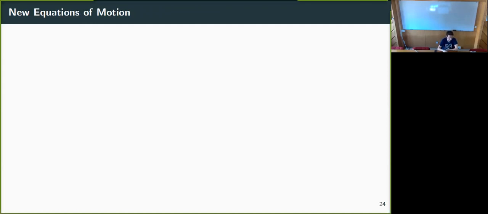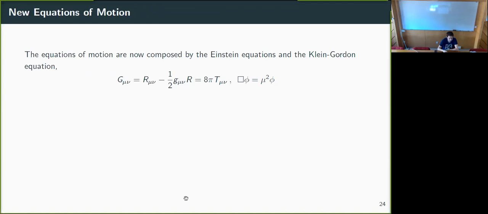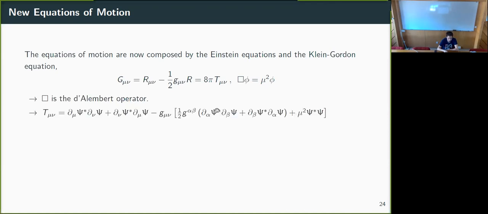In this case, it's a bit more complicated than for Kerr, since now we have the Einstein equations and the Klein-Gordon equation. This box here is the d'Alembertian operator, and the energy-momentum tensor here is given by this expression.